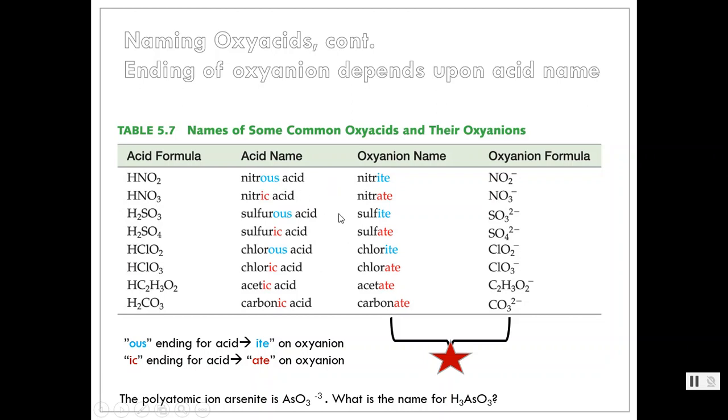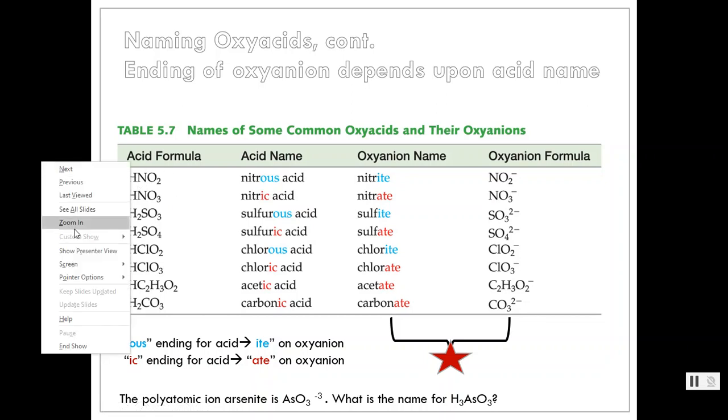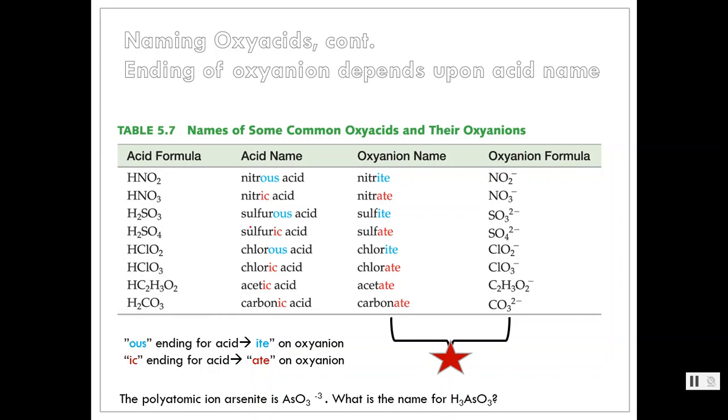For oxyacids, that acid name is dictated by the name of the polyatomic attached to the hydrogen. So for example, HNO2. The polyatomic that's attached to that hydrogen is NO2 negative, which if you remember from the previous chart in chapter 5, that is nitrite. Nitrite, it ends in "ite."